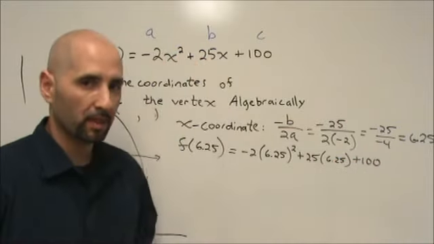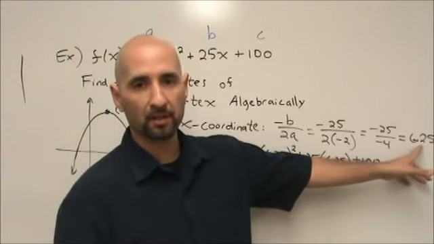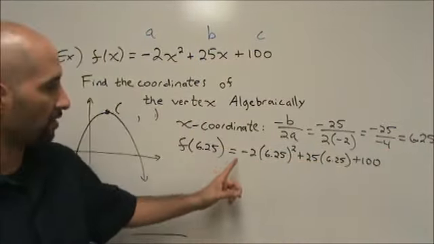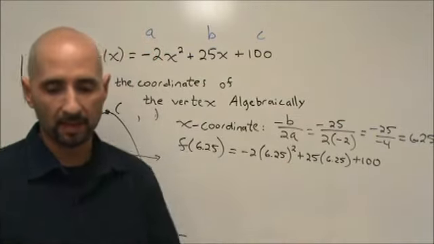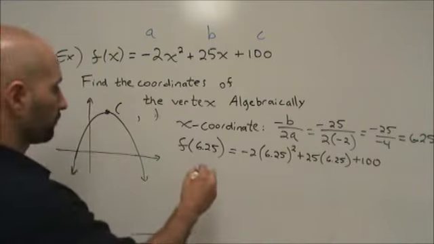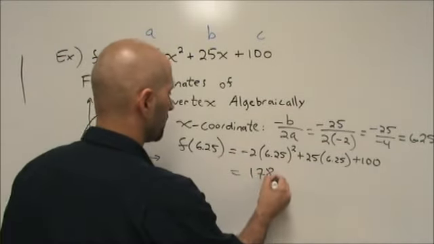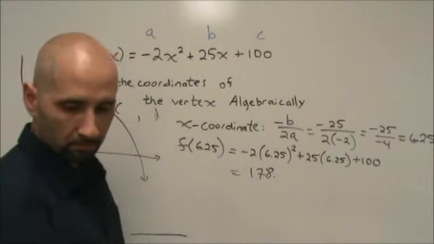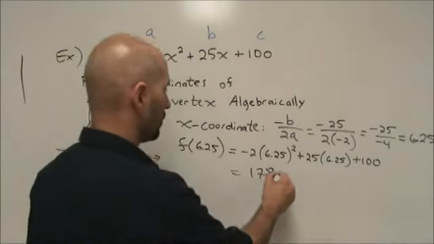So the idea here is if ever you get any input value you want to calculate a corresponding output, you just plug in that value into your function and evaluate. So really let's evaluate this side here using our calculator. So that should be 178.125.